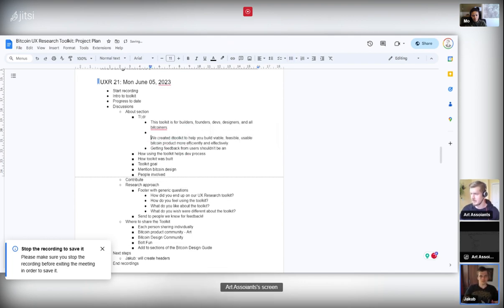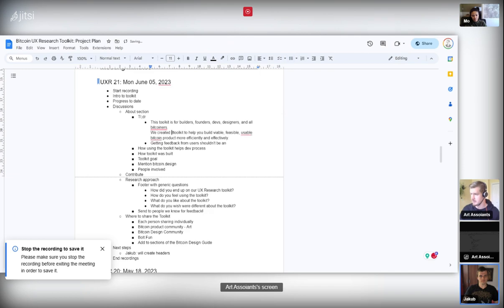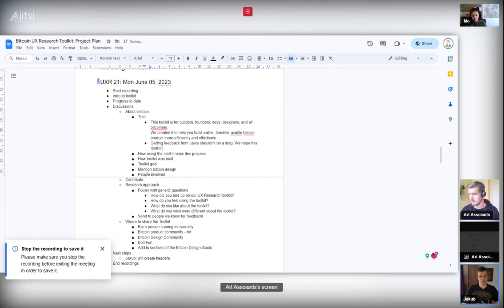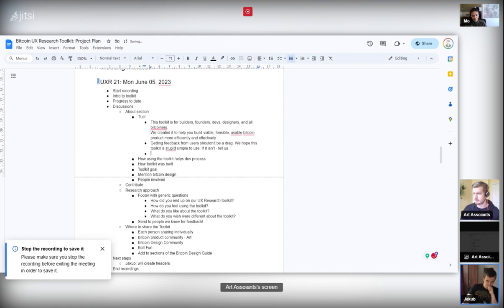Okay, something like this. We created it to help you, blah, blah, blah. Shouldn't be a drag. Toolkit is stupid simple to use, if it isn't. Okay. Yeah.